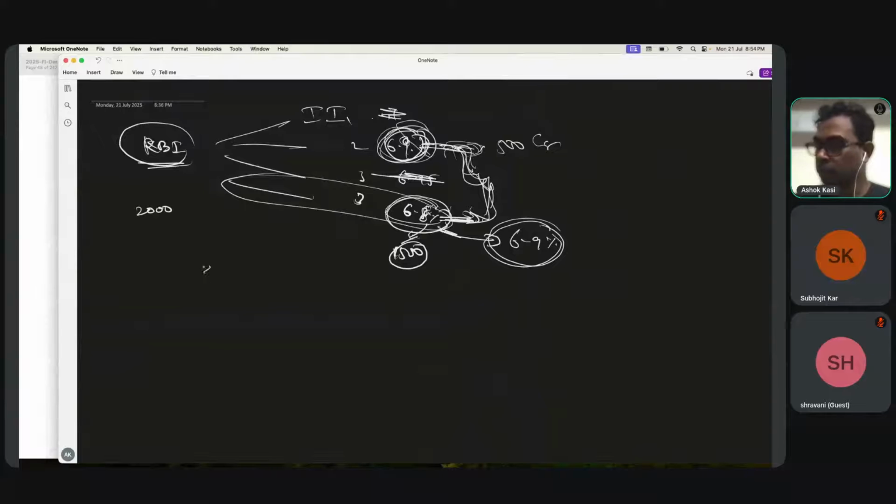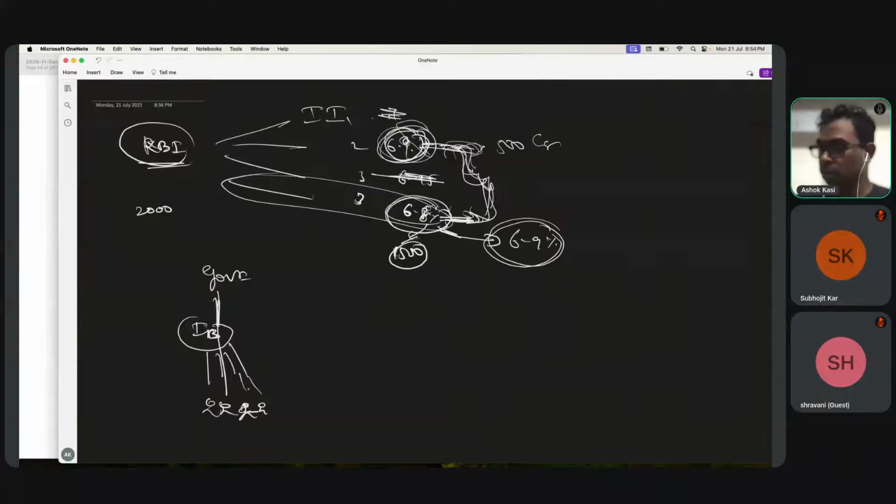Investment banks, this is government. Government cannot directly go to the public, because they can, but then it will be too much time consuming for them. So what will they do? They will go to the investment bank. Investment bank will buy it on wholesale basis from the government, and then they will resell it back to the investors.